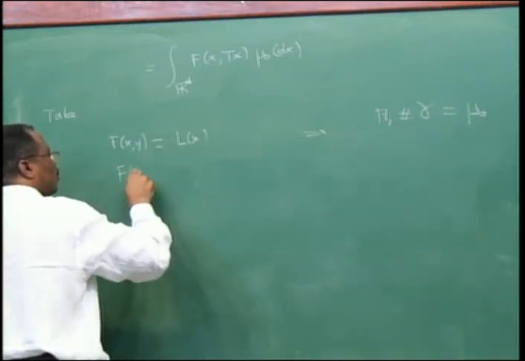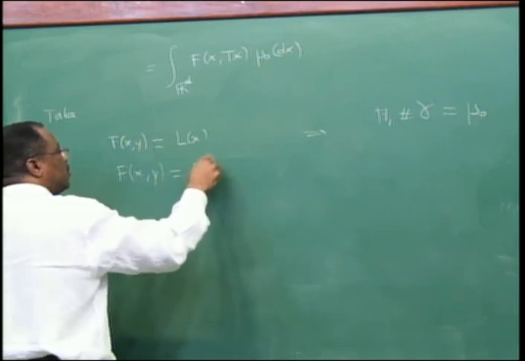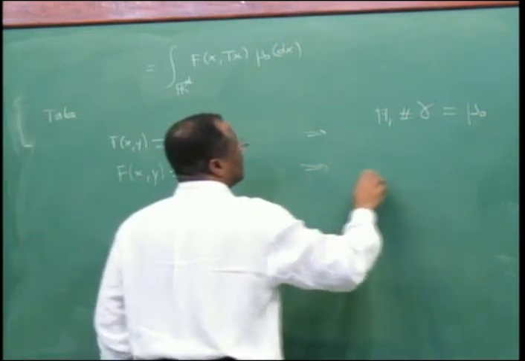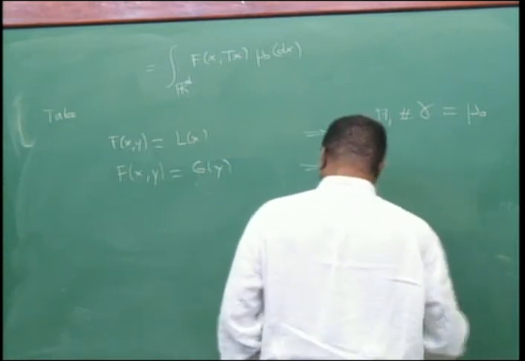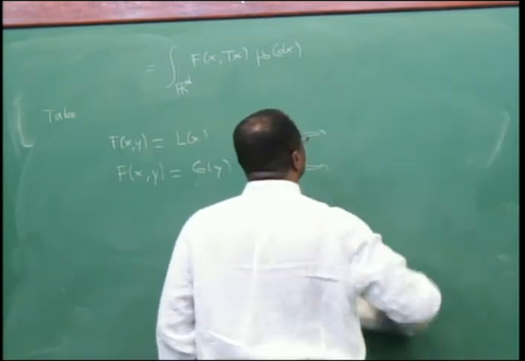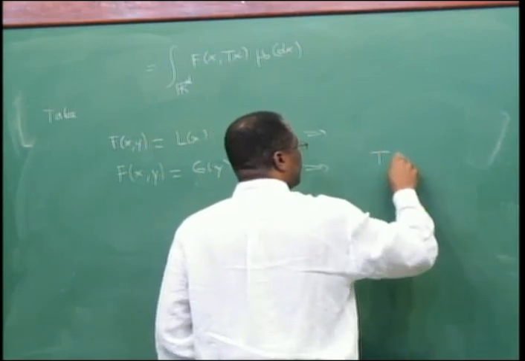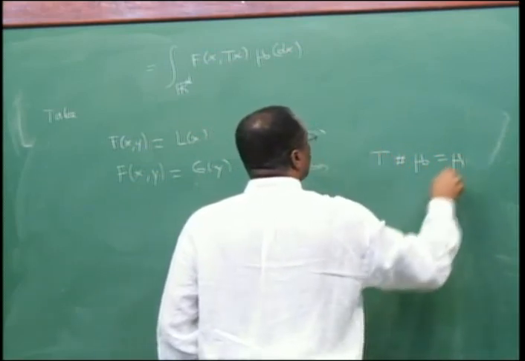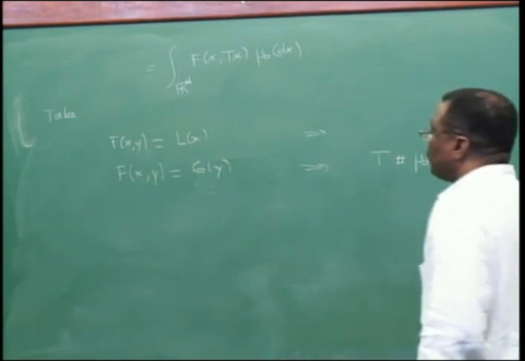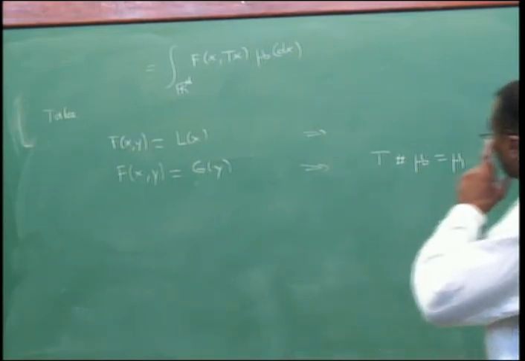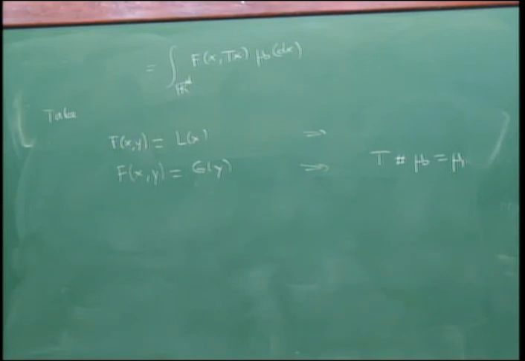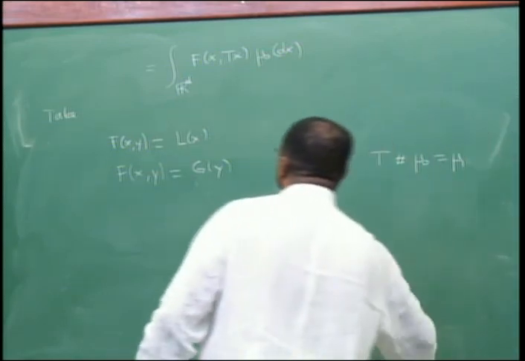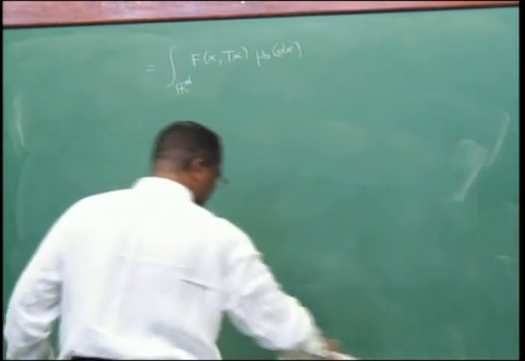Take f of x, y to be g of y to get that T pushes mu naught forward to mu 1. Maybe I better do it. Call this 7.